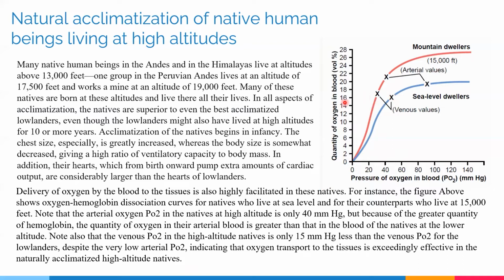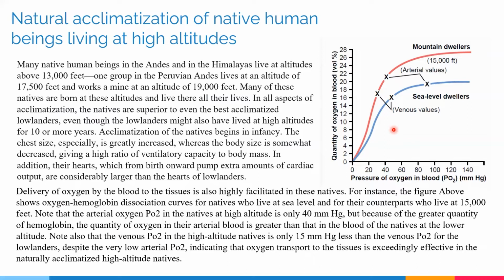So if we draw a horizontal line joining these two values essentially, we are able to see that the quantity of oxygen in the venous blood for both the mountain dwellers and the sea level dwellers is more or less the same, even though the mountain dwellers are subjected to much lower arterial values of PO2.